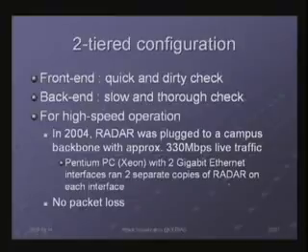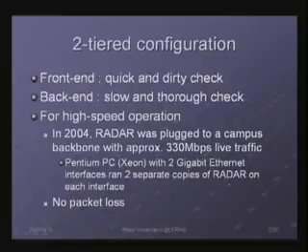So we checked the speed of the software, and actually we performed a field test on a campus backbone network. At the time of testing, there was 330 megabits per second of live traffic flowing in the pipe, and we used a Pentium PC, which had 2 gigabit Ethernet interfaces, and we ran 2 separate copies, one on each of these 2 gigabit Ethernet interfaces, and there was no packet loss.